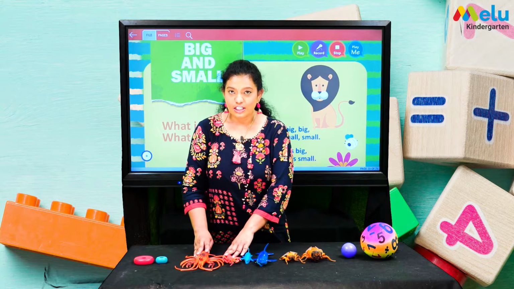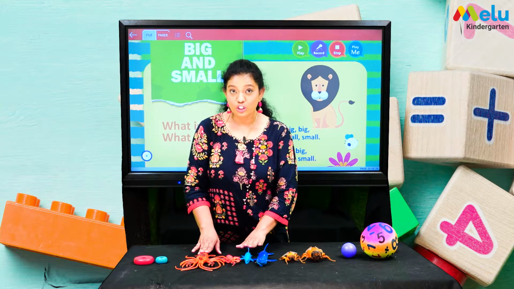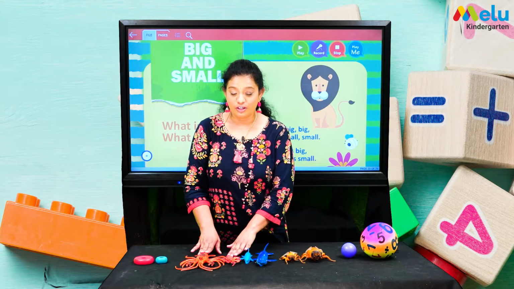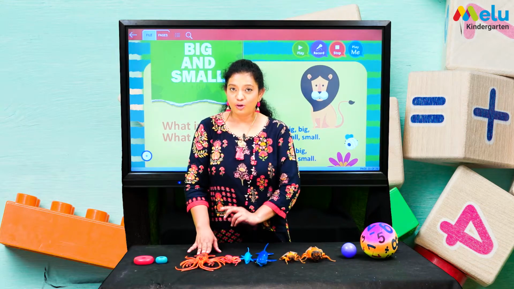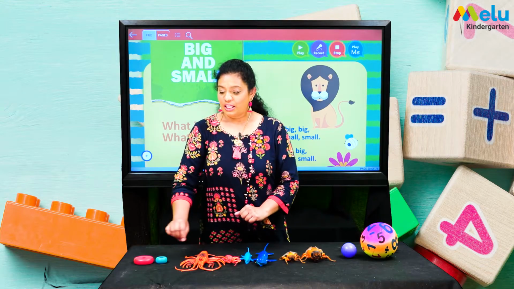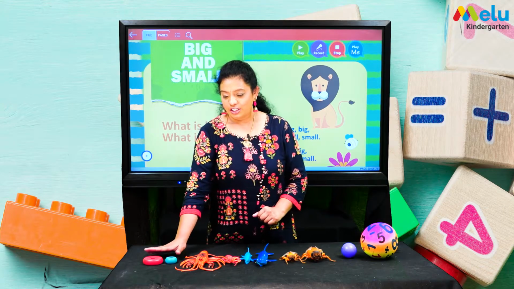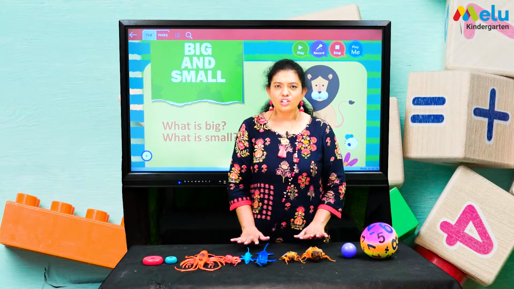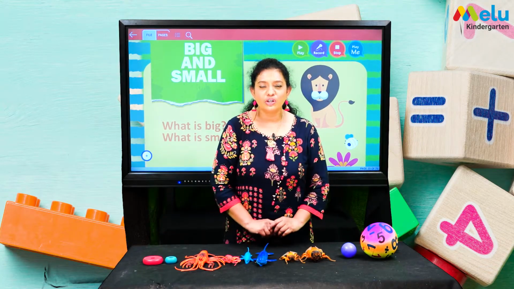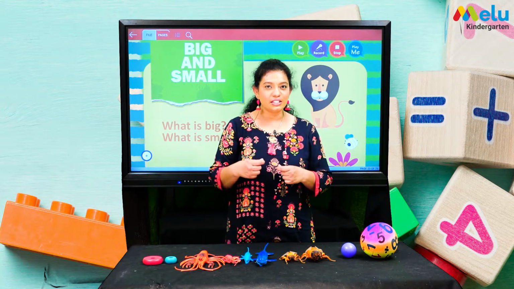Then this is also a water animal, it is a prawn, and dolphin is also a water animal, children. I brought two prawns for you. Then these are circles, so we have two circles here. So why did I bring all of them in twos, children? Do you know? Can we recollect?